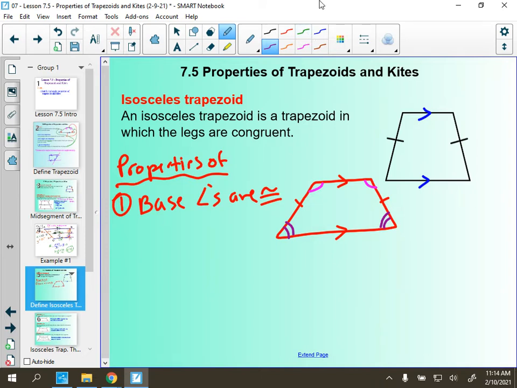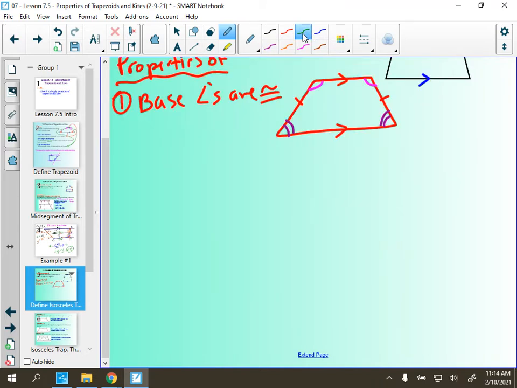So we're going to add that here because a lot of what we're doing in this chapter is how do I show something, how do I show one figure as another figure? So we'll add that the property is that base angles are congruent. Let's just write the converse right away.